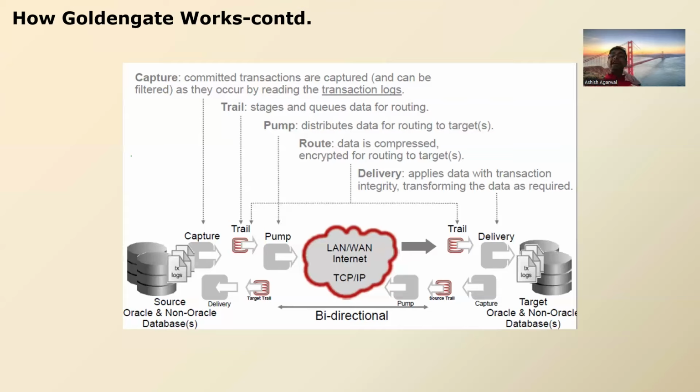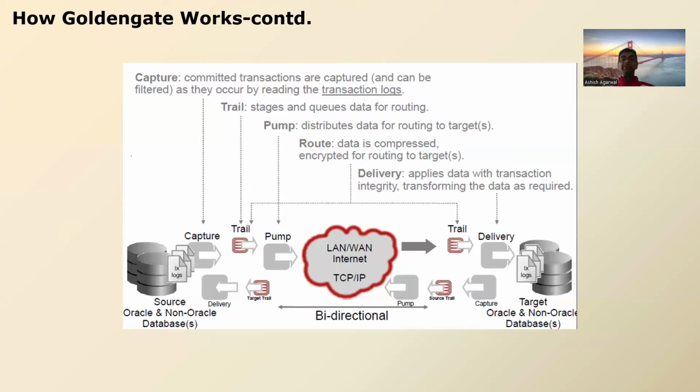However, for data purposes, each process is dependent on the others. For data purposes, the pump process is dependent on the extract process, because if data is not written by the extract process to the local trail, the pump process cannot write data to the remote trail.